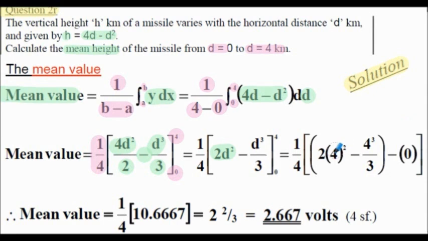Then we insert the upper limit of 4, and of course inserting a lower limit of 0 for d, all the terms become 0. And evaluating, the mean value, the mean height in this case, is 2 2/3 or 2.667 volts to 4 significant figures.